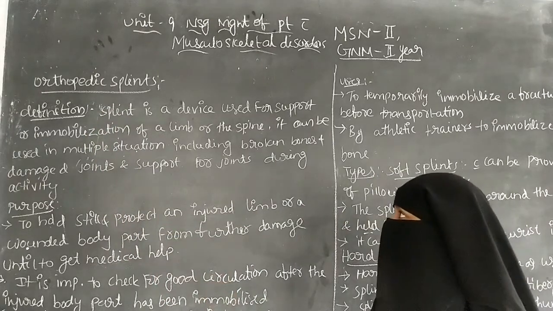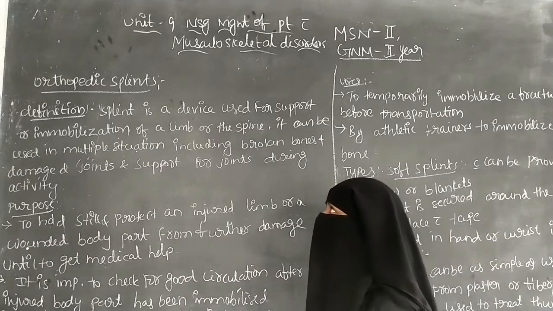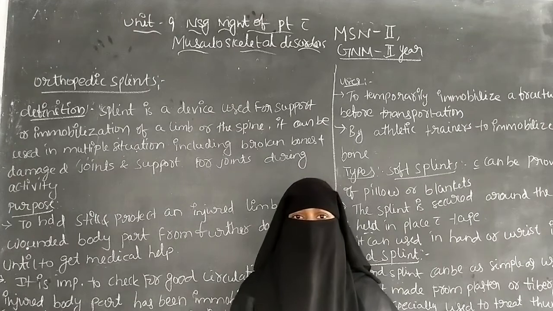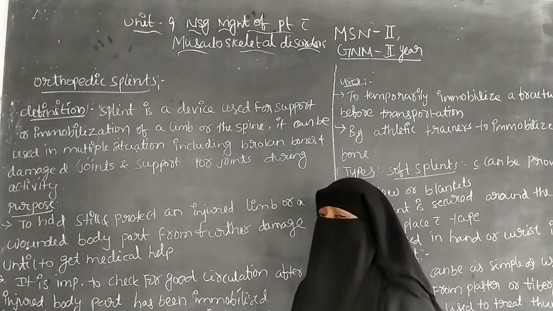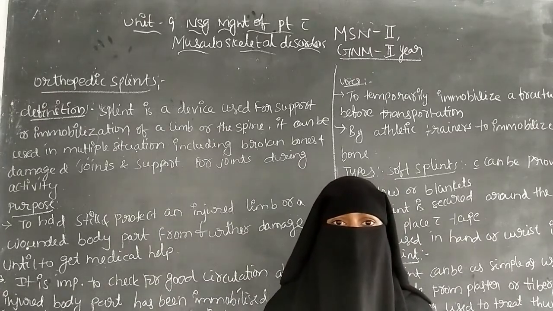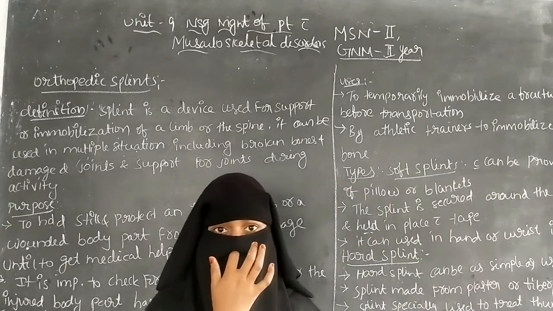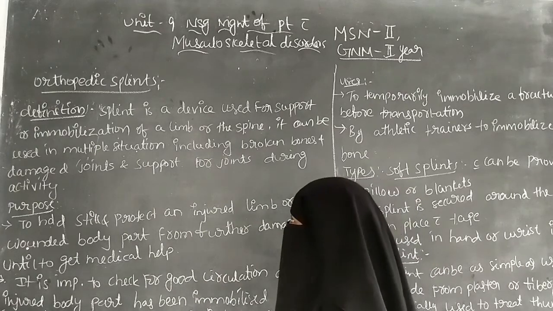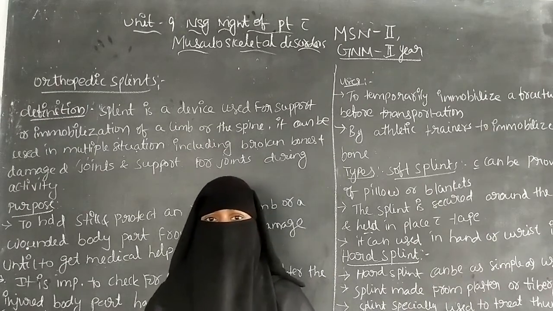So, orthopedic splint. By using a splint we can support the affected part or injured part of the body. With the splint we can support the affected joint or bone, and we can immobilize the affected joint.